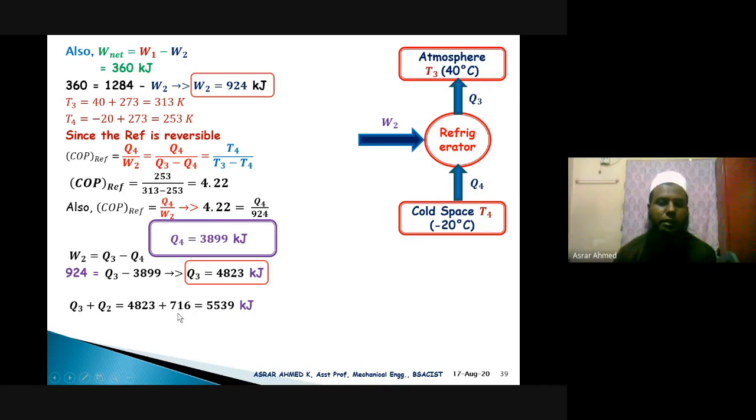Okay, 716 kilojoule from previous slide, you will get 5539 as the total heat transferred to the reservoir at 40 degrees centigrade. Okay, and Q4 is a separate answer, the heat supplied to the refrigerant. Any clarification?